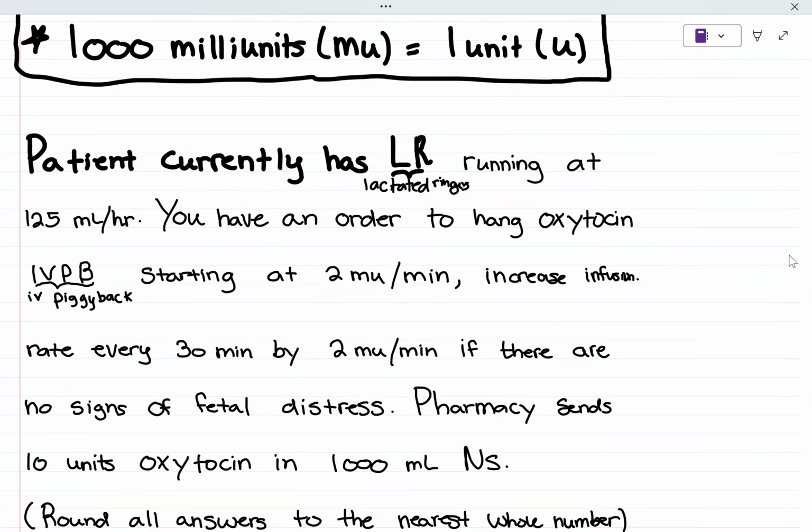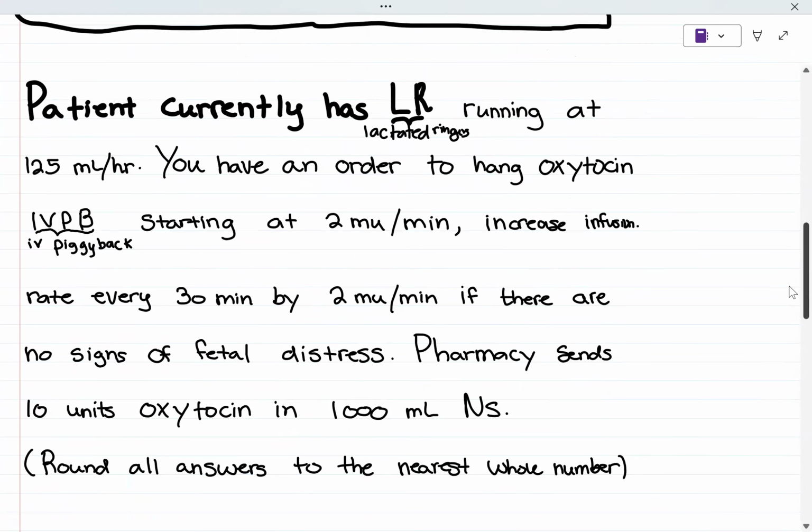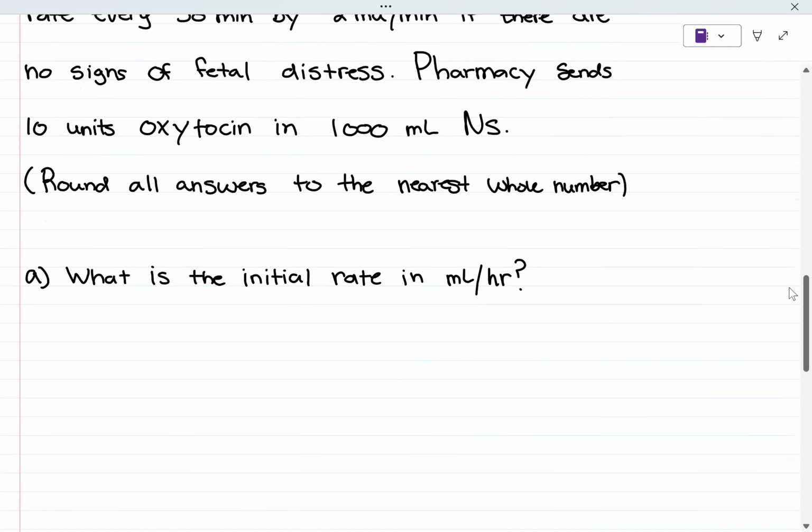Increase the infusion rate every 30 minutes by 2 MU per minute if there are no signs of fetal distress. Pharmacy sends 10 units oxytocin in 1,000 milliliters NS. Round all answers to the nearest whole number. There are three parts to this question.